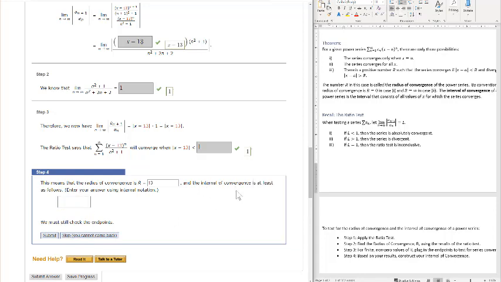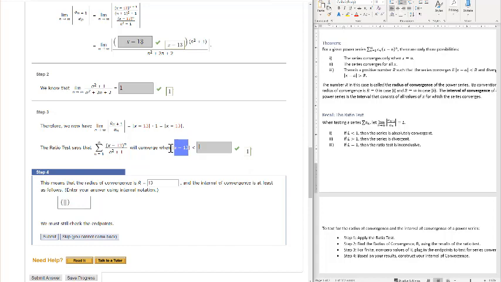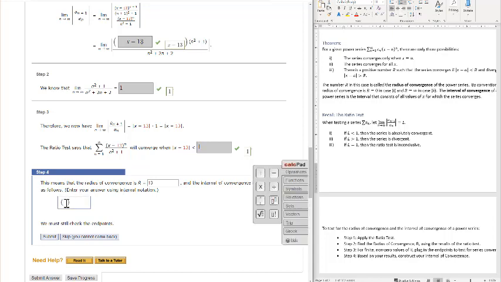So the interval of convergence is at least as follows. Let's do that in our heads again. We have x minus 13. On the right side, we're going to add 13 to 1, so that's 14.